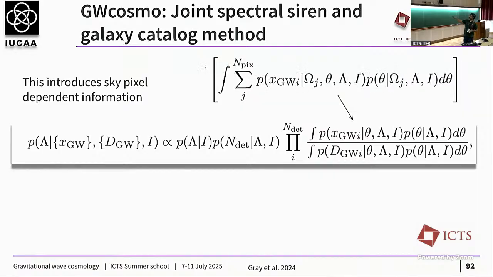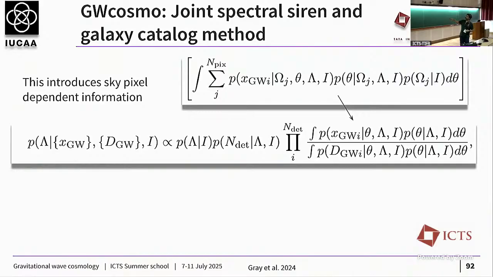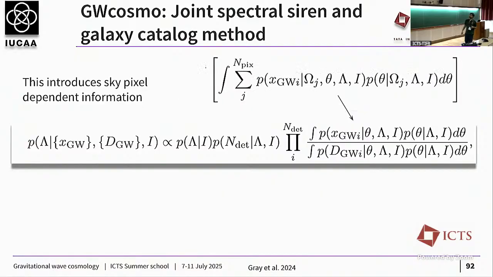And so you get something like this, which remains. Okay. So what did we do? We took this likelihood, we express it as a sum over different pixels, omega_j. But then we also impose the fact that gravitational wave events can happen in any sorts of directions, all sorts of pixels. So this drops out and you are only remaining with this. Okay.